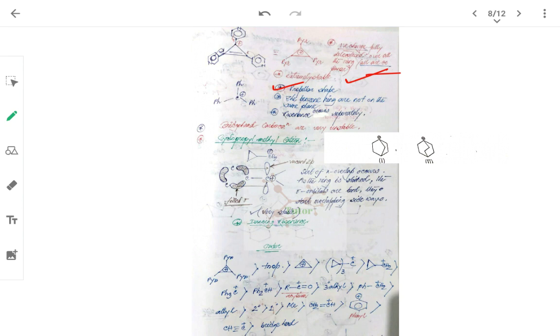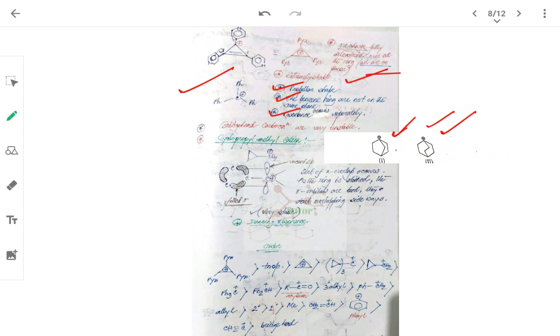The benzene rings are not on the same plane, and resonance occurs separately. This is an extremely stable carbocation. And in case of bridgehead carbocation, they are very unstable. This is a type of bridgehead, and this is another type of bridgehead carbocation. They are very unstable.